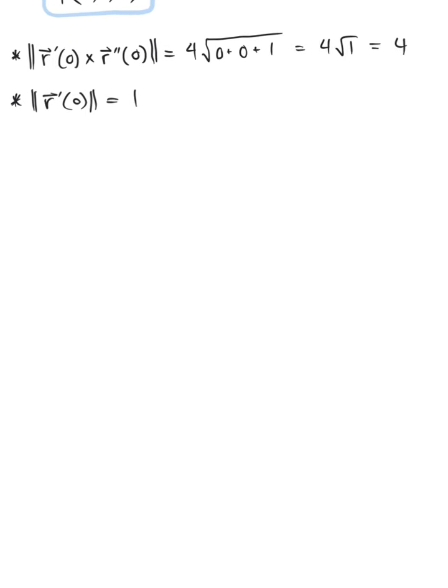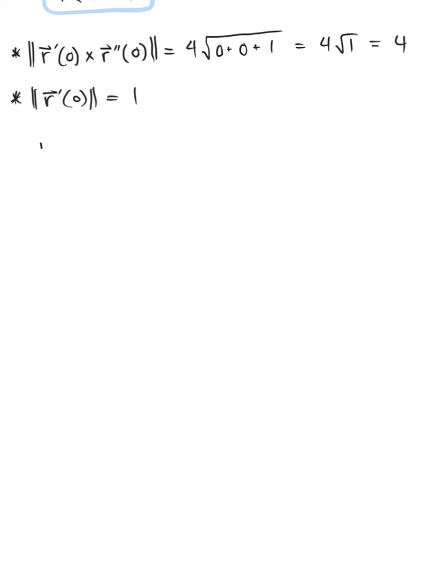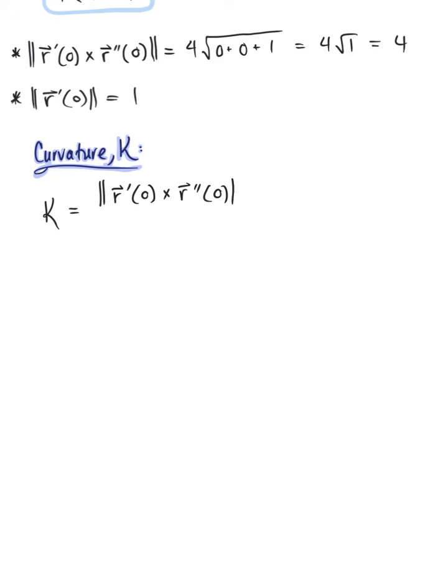Our curvature, kappa, at t equals 0 is defined as the magnitude of the velocity vector at t equals 0, crossed with the acceleration vector at t equals 0, divided by the magnitude of the tangent vector at t equals 0 cubed. So we have 4 by 1 cubed, which is 4.